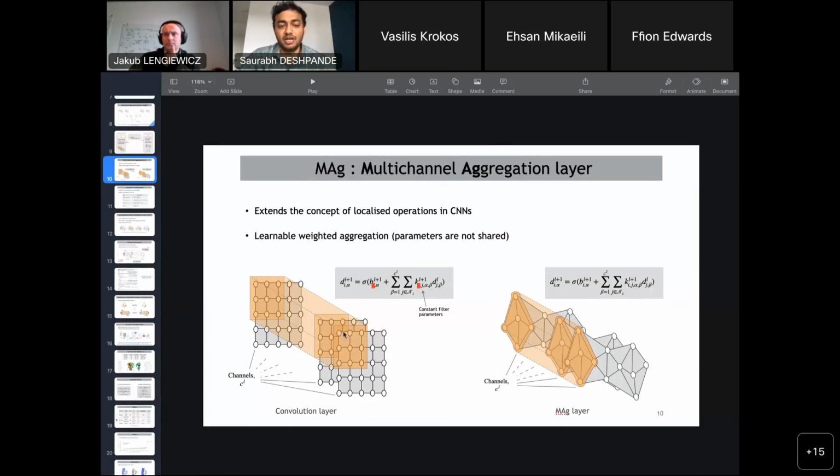And you go to the next hop and you slide it, you do the same. And in Magnet, you're doing something similar. Based on the adjacency matrix, we are assigning weights only to these connected nodes, and we are then performing the sum in the local region, the weighted learnable sum. And we do that on every channel dimension with a different set of weights.